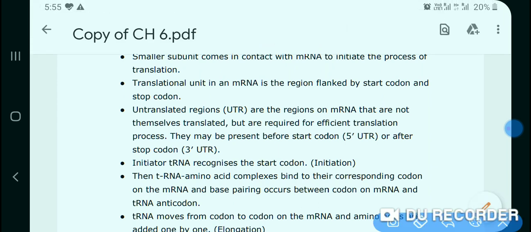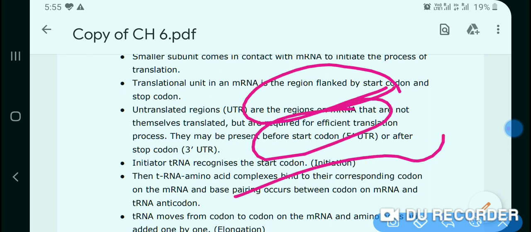Let us see how these arrangements are there. Translation, this is ribosome, this is messenger RNA, and this is transfer RNA.